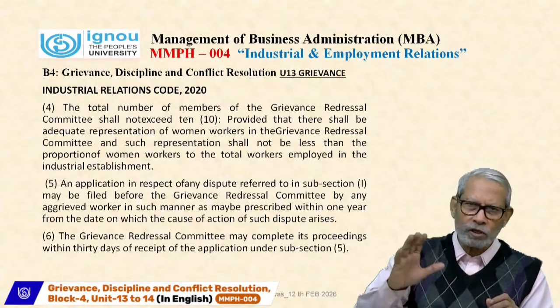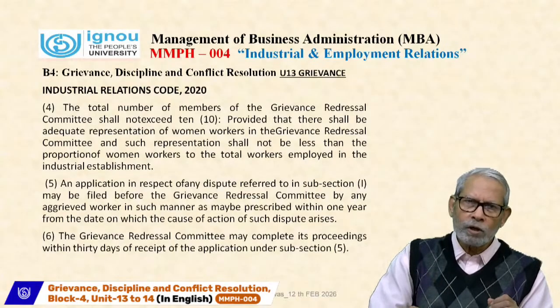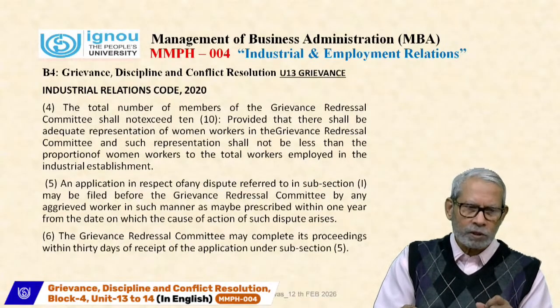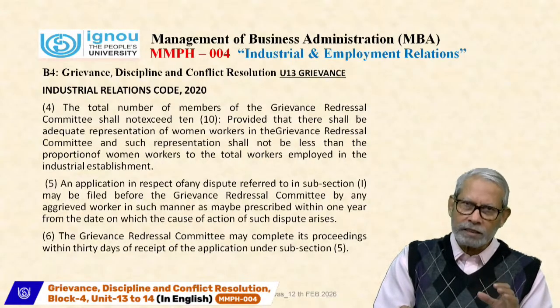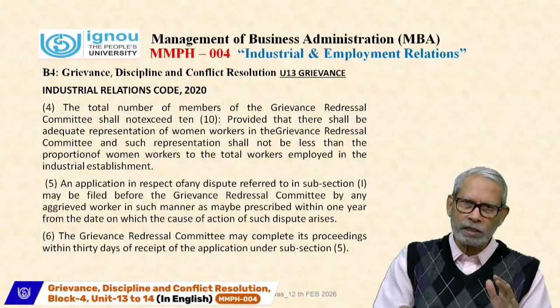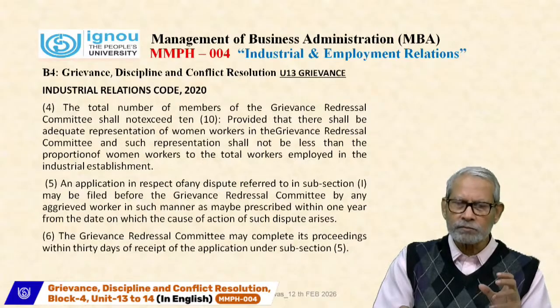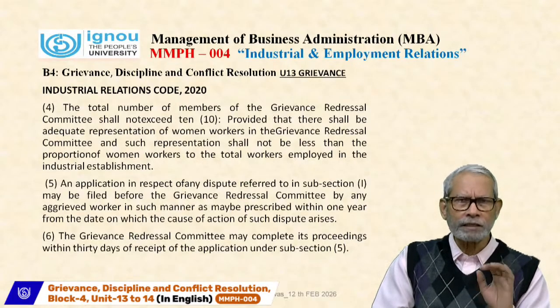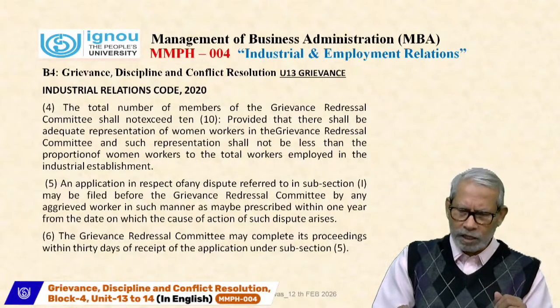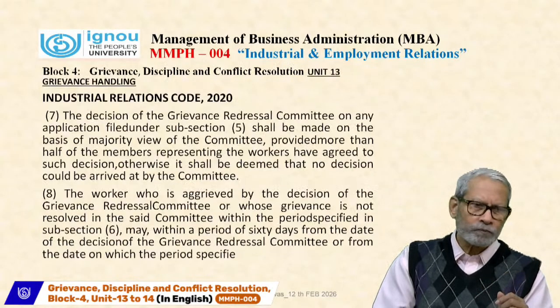Within 1 year you have to raise these problems. The grievance redressal committee may complete its procedures within 30 days of receipt of the application under Section 5. So everything is codified, different sections are written there, the time frame, everything.